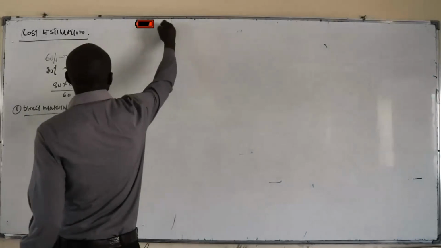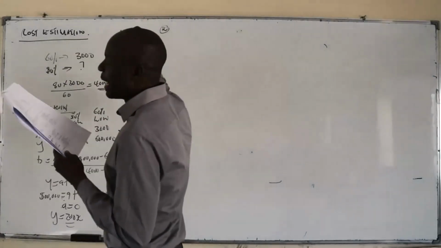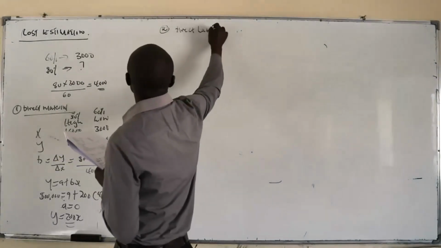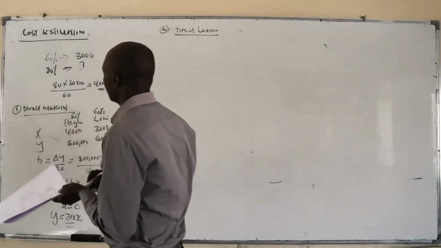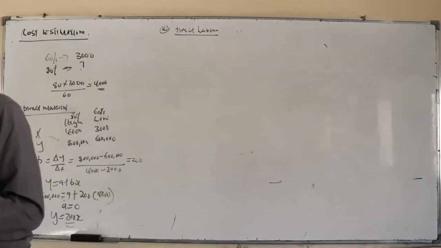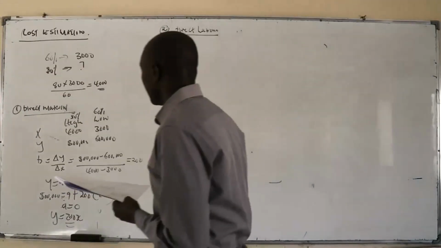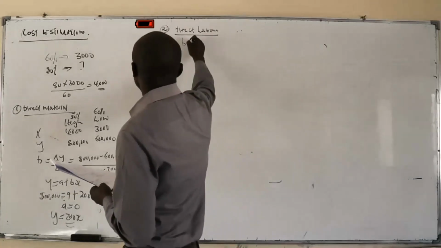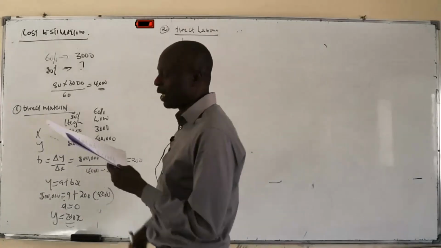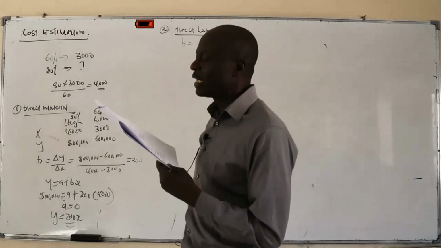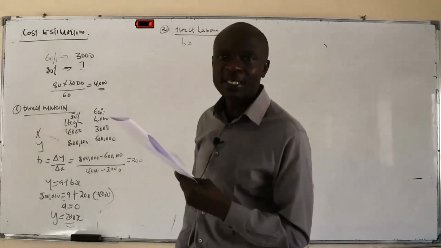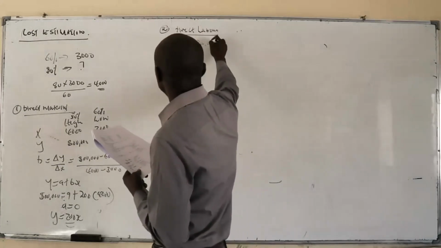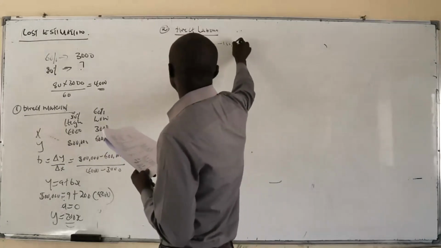And then number two, we go to direct labor. So for direct labor, we can get B. We don't need to write high and low every time. We just take 200,000 minus 150,000, with 200,000 being the highest cost and 150,000 being the lowest cost.